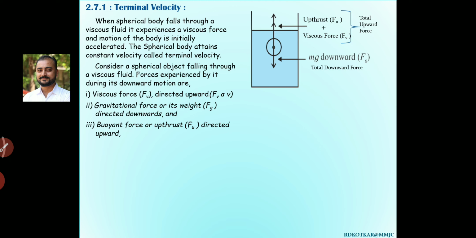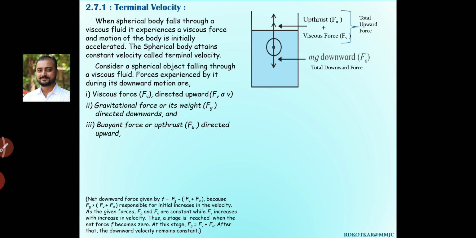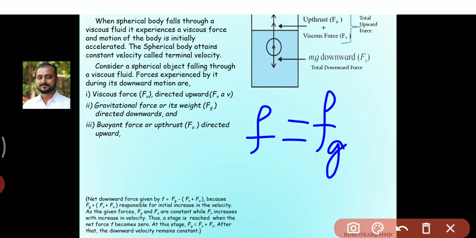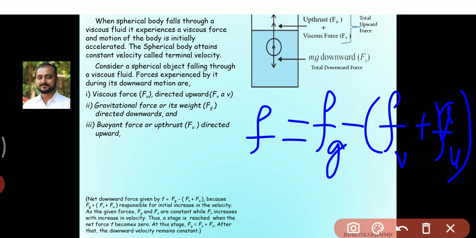Now let's talk about why the body attains a constant velocity. The reason is as follows. The net downward force on the body, that is F, can be given by Fg minus (Fv plus Fu). This means one is the downward force and the other is the upward force, and the difference between both is the net downward force.